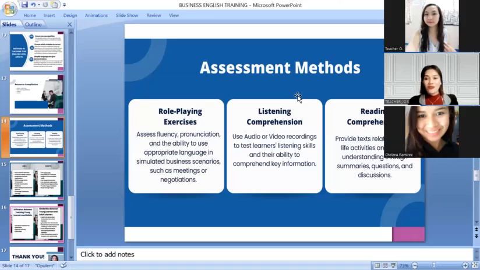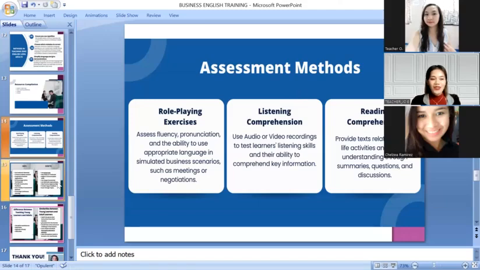Let them read, because that is one way of helping our students exercise their tongue. We know Vietnamese students, especially beginners, find it very difficult to pronounce a word correctly. So by asking them to read, we are helping them exercise their tongue and familiarize themselves with the words. So those are the assessment methods for teaching adults.